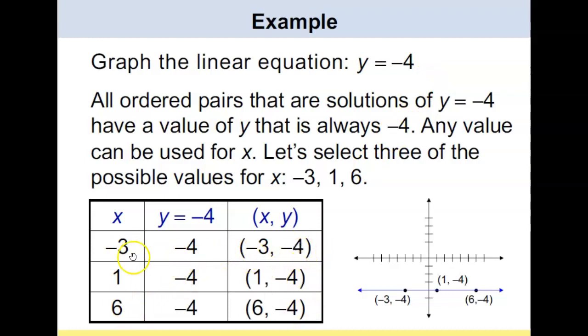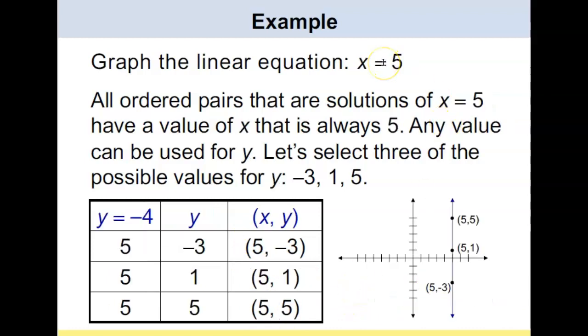You plot those points, and it gives you the direction of the line. If you can't remember that it goes through the y-axis horizontally, then you can force yourself to see it by making some points with y is -4 and x are a couple of different things, and plot them, and you'll get the direction of the line that way.